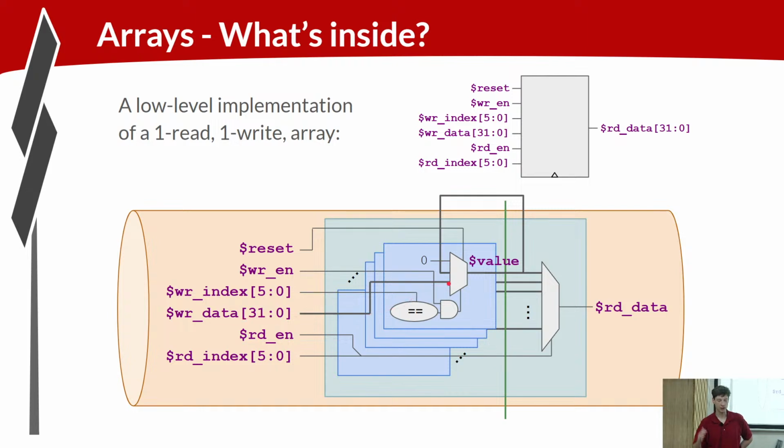So every entry is going to have the same logic for its own special index, and one of them is going to match and write if we're doing a write. We also want to reset the whole structure to 0, so we'll have a reset selecting 0. And if we're not in reset and we're not doing a write, we want to retain the value. So as always in TL-Verilog, we'll think of that as an explicit recirculation through a mux.